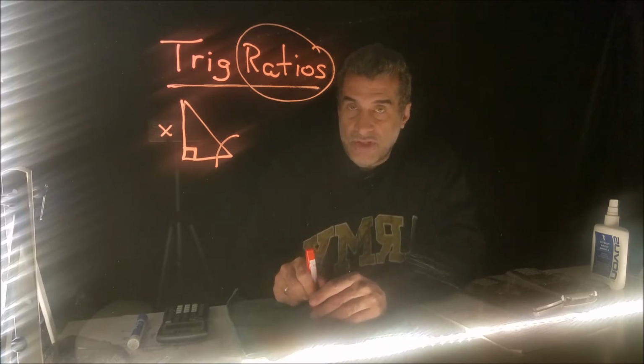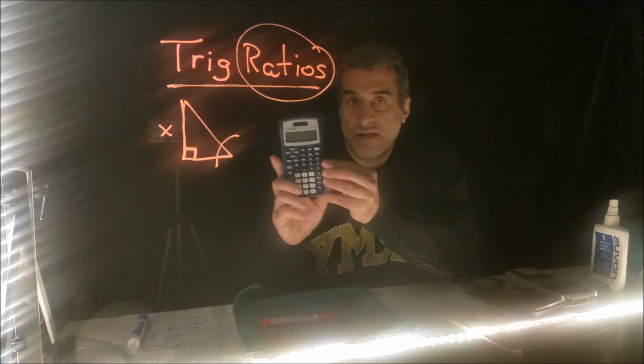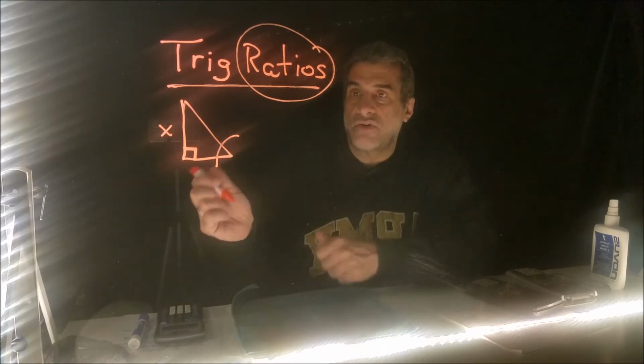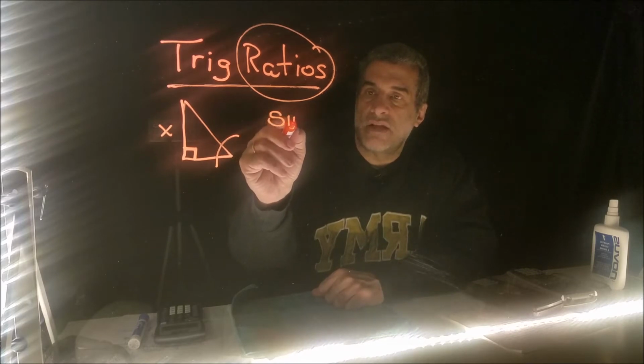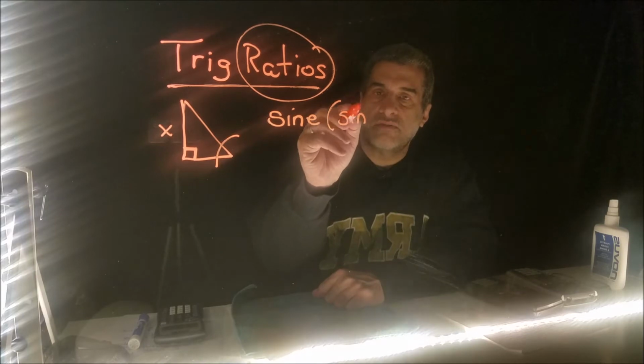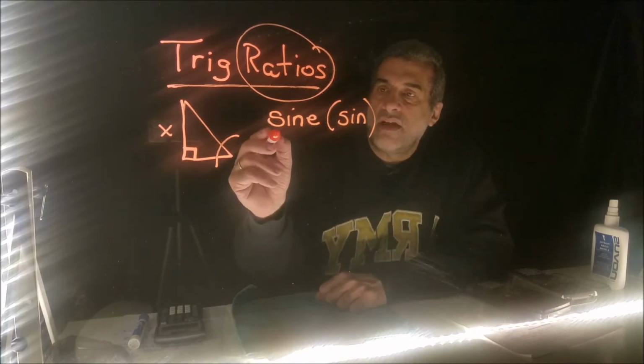And I'm sure if you looked at your calculator, you would see, and I'll show this to you, there's 3 ratios over here. And the ratios, let me just put them down. There's sine, and on the calculator, it's just put as sin. But it is sine, don't say sin. And then there's cosine.